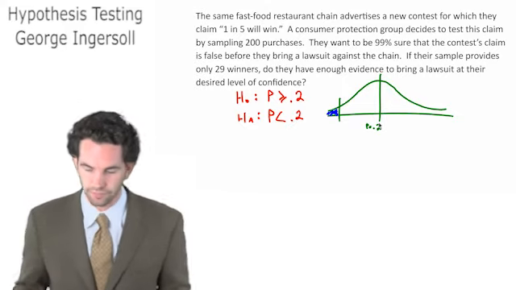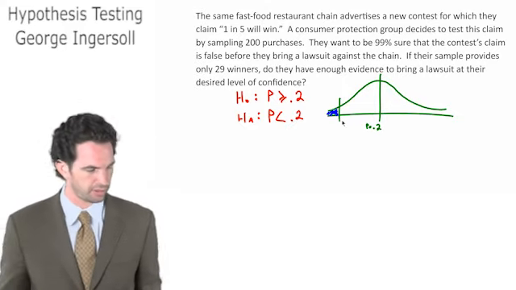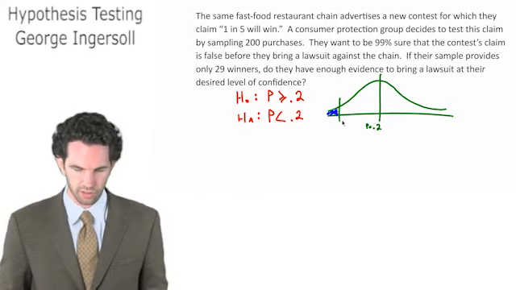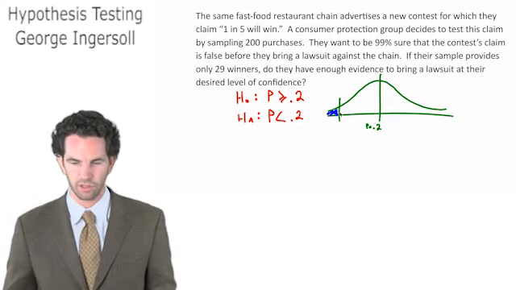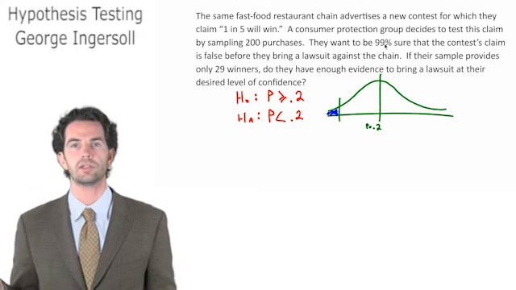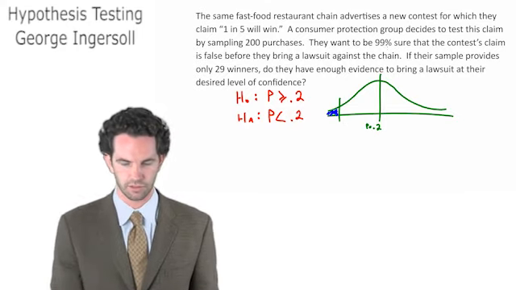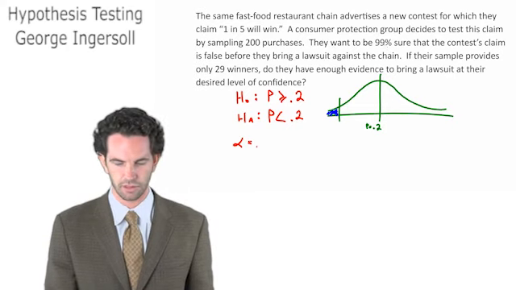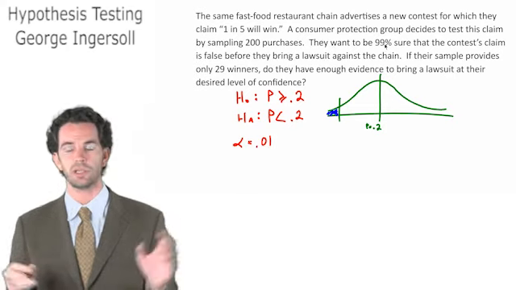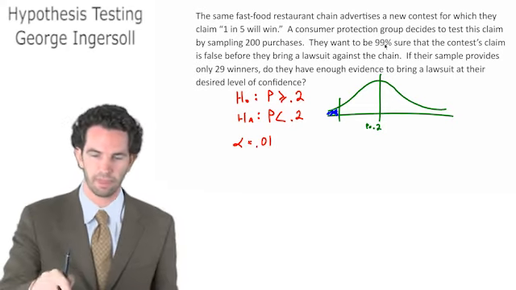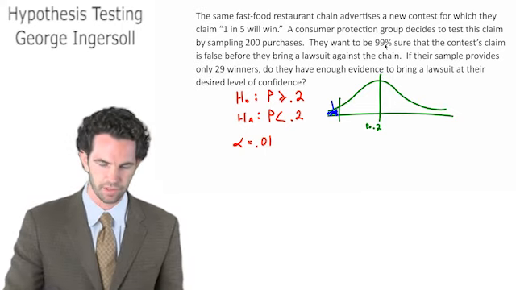Okay, so let's look that up on our z table. We need to know z, and since it's just our alpha here, alpha is 0.01, and it's a one-tailed test. So this over here is just 0.01.